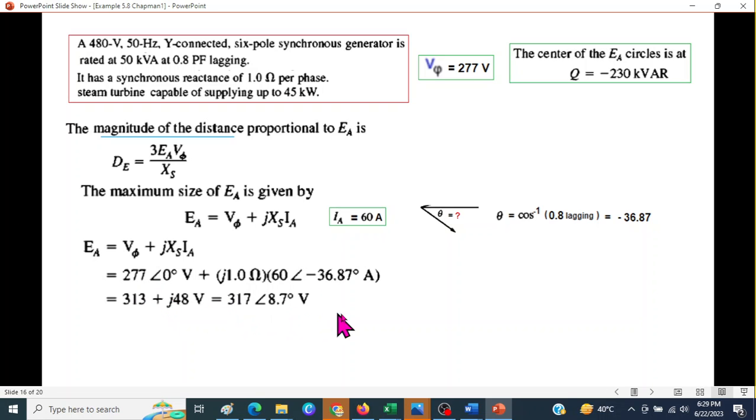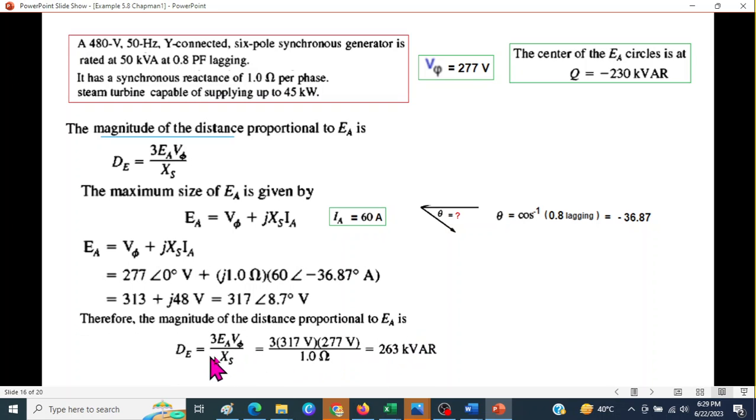So EA we have found, and now we'll put the magnitudes of everything here to find the distance DE. So DE is EA, 317, from here, V_phi 277, so 263 kilovolt ampere reactive is the distance.